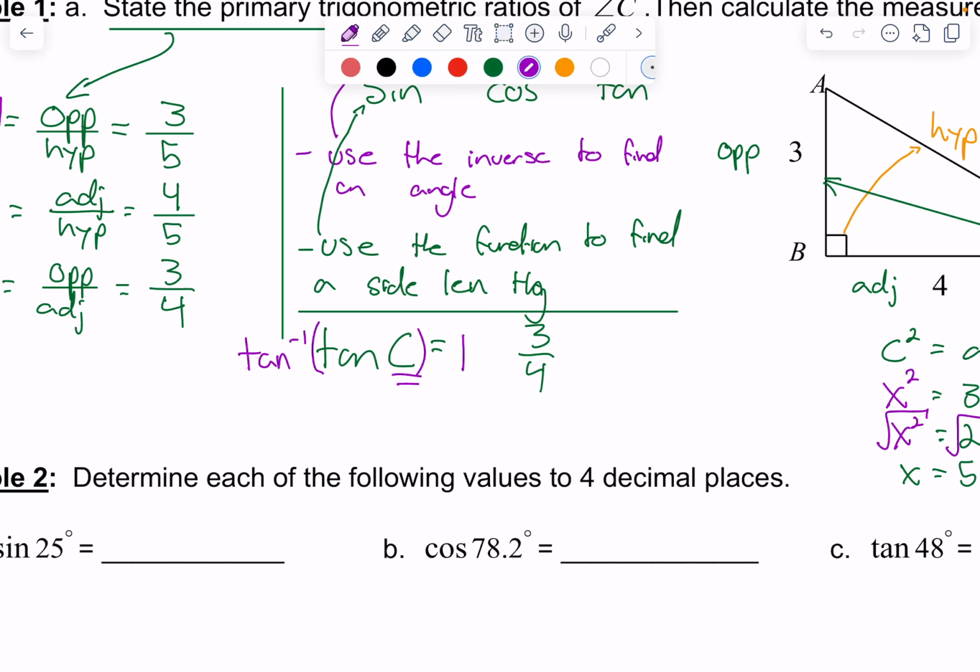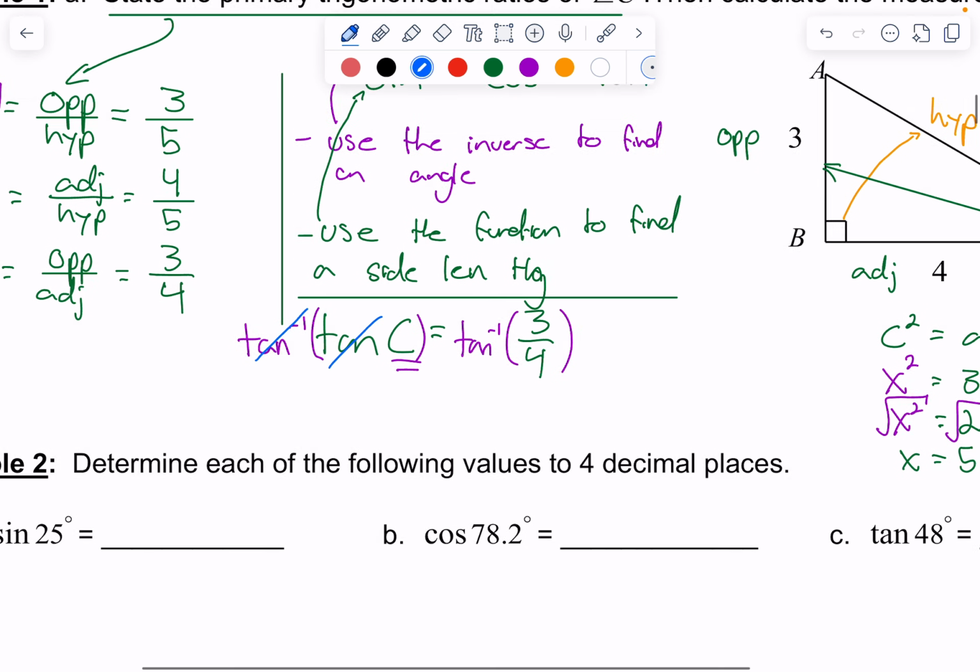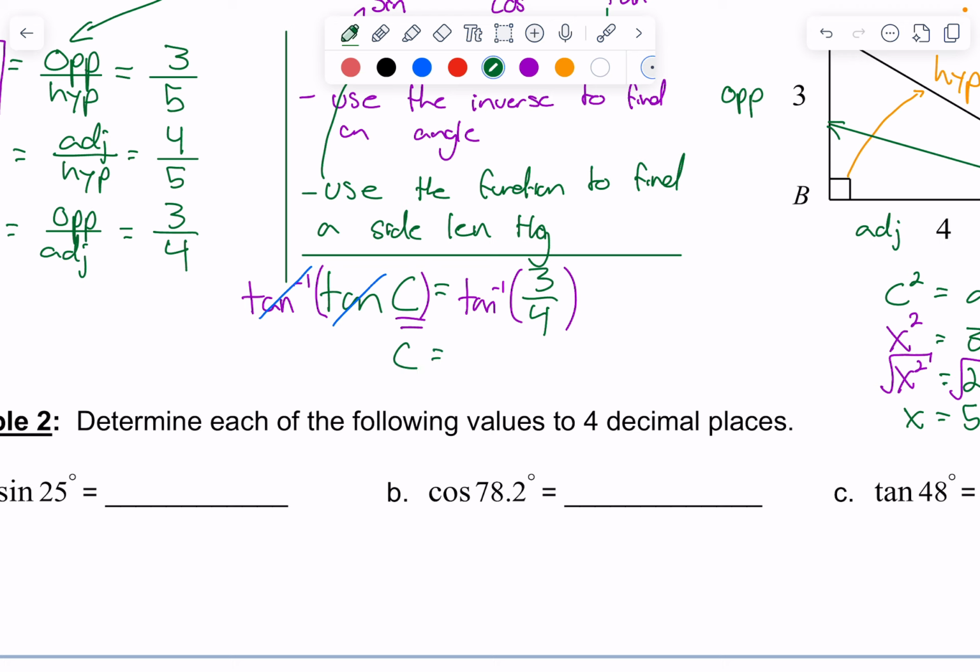So this would be tan inverse, and then these cancel out, okay? And that gets you C equals tan inverse 3/4. So take your calculator and go shift or a second button, tan 3 divided by 4. And I get 36.87. And you calculate an angle, so degrees.